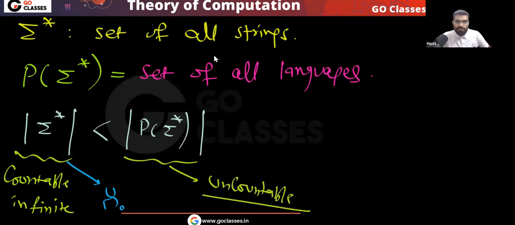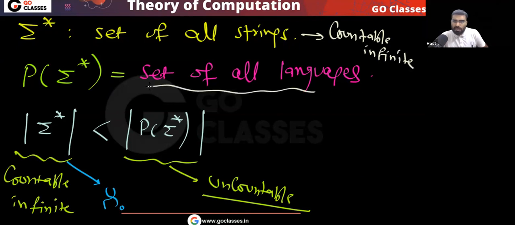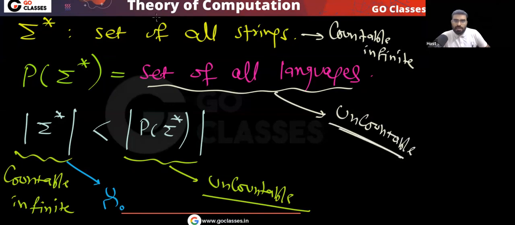So what is the set of all languages? Remember, sigma star is countably infinite, and the set of all languages is uncountable. How many languages can you create? Uncountable number of languages.